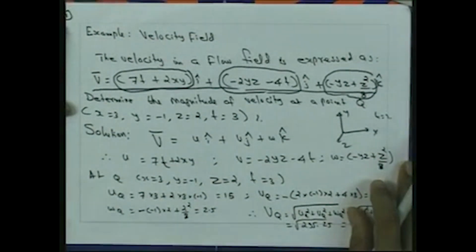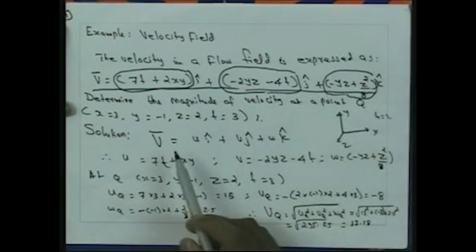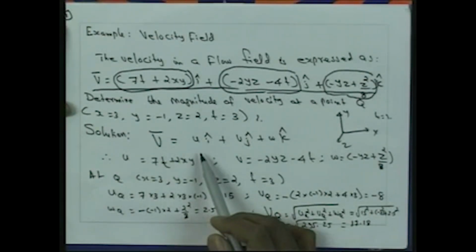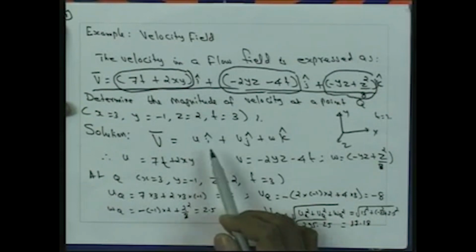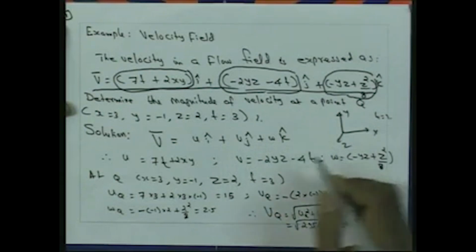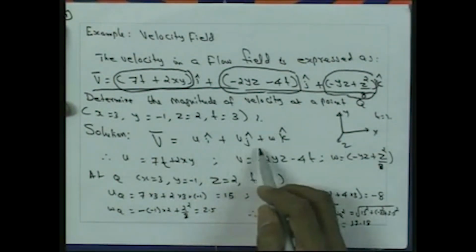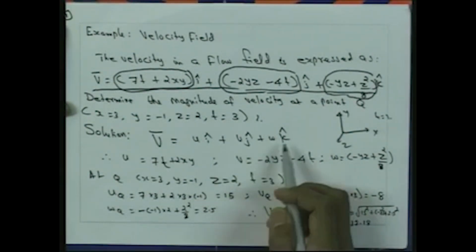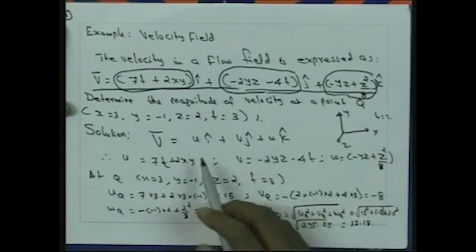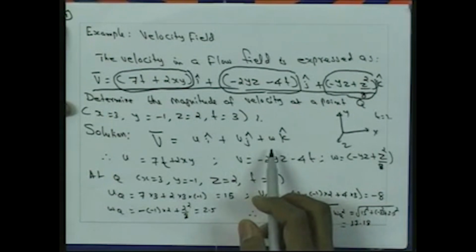We can represent the velocity as a vector with respect to the i, j, k triad as u i plus v j plus w k, where i, j, k are the unit vectors in the x, y, z directions, and u, v, w are the velocities in the x, y, z directions.